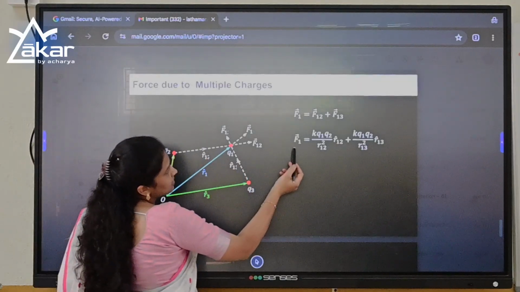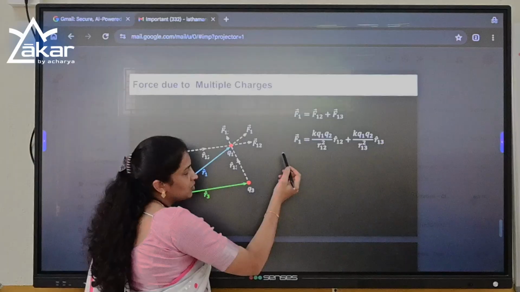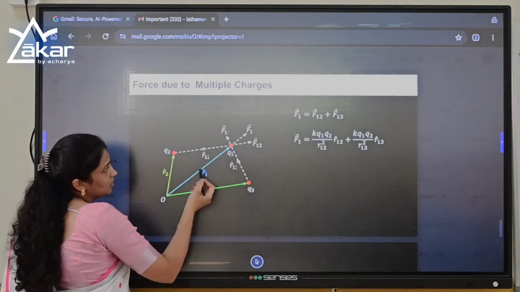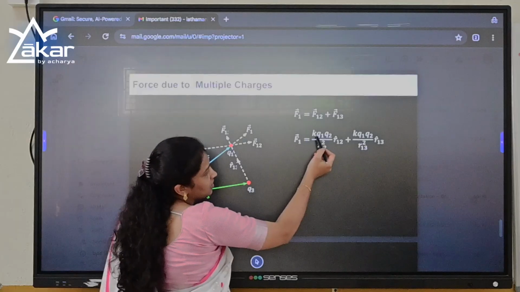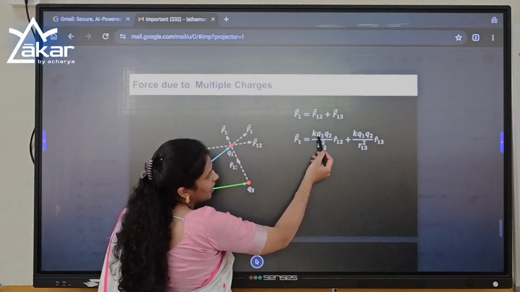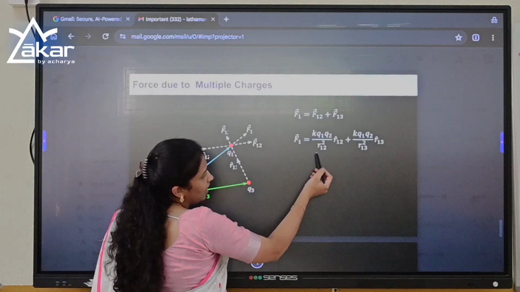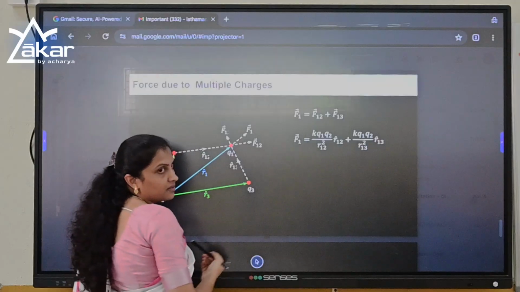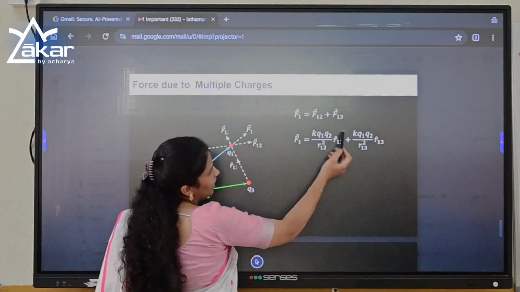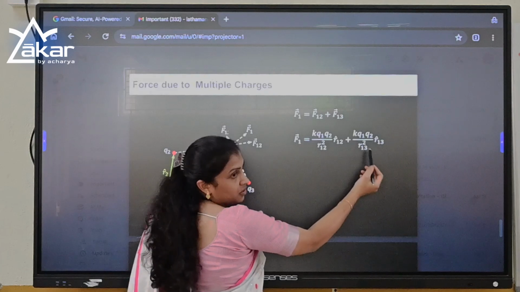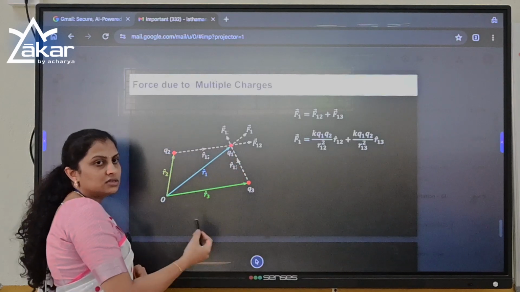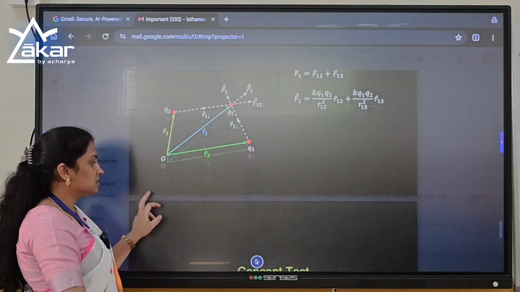So I can write this equation as F1 is equal to F12 plus F13. So F12 means, we know Coulomb's law, K into Q1 Q2 by R12 square into R12 cap, and K Q1 Q3 by R13 square into R13 cap. So this is the force on multiple charges.